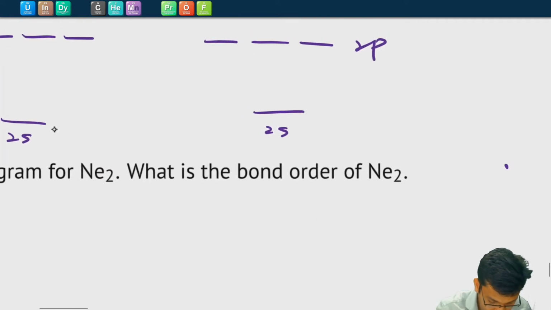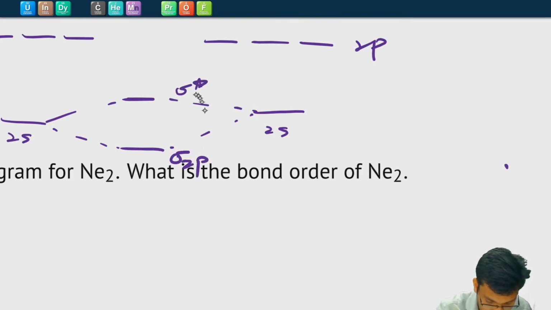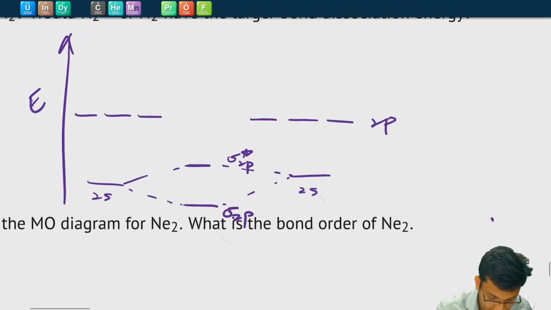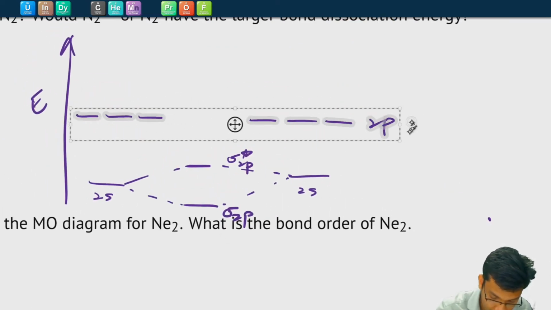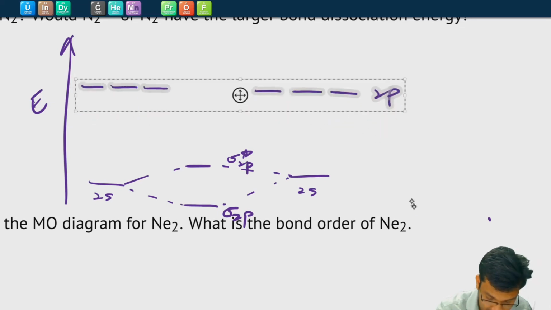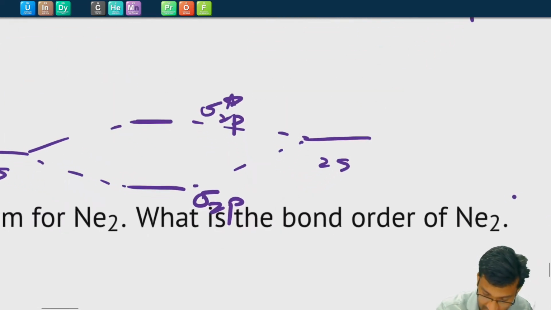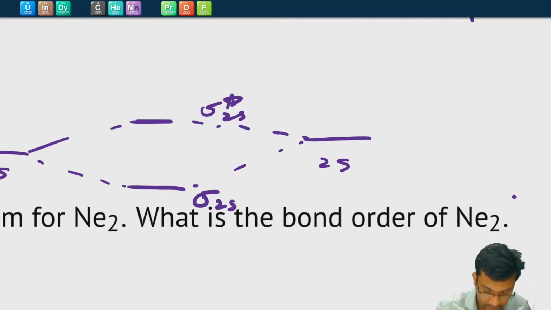The 2s come together to form a sigma and a sigma star. We'll label them. Sorry, these should all be 2s. It's sigma orbitals. Why are they coming from 2p? They should be 2s. There we go.